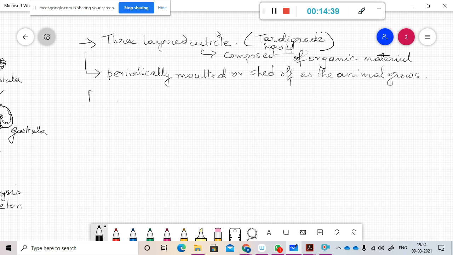This process of molting is known as ecdysis, and because of this process of molting, they are known as ecdysozoa.